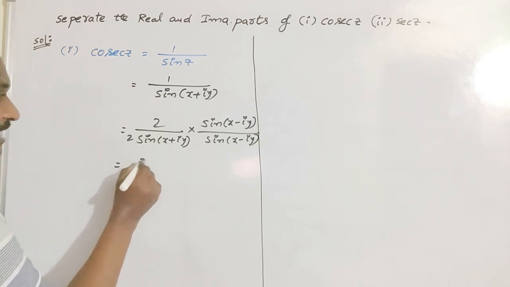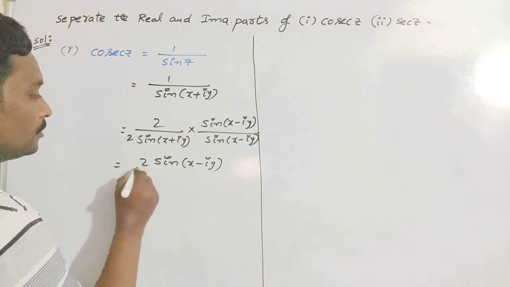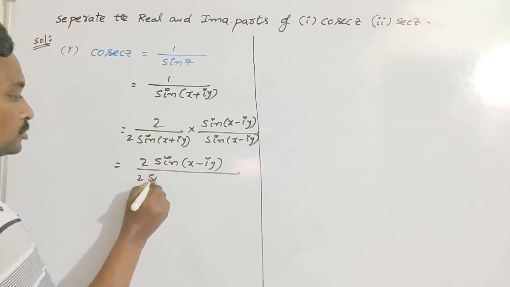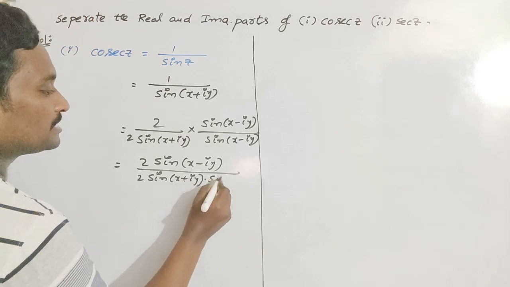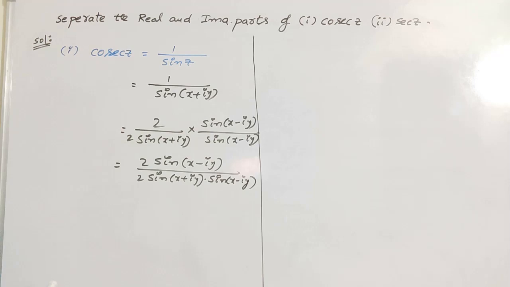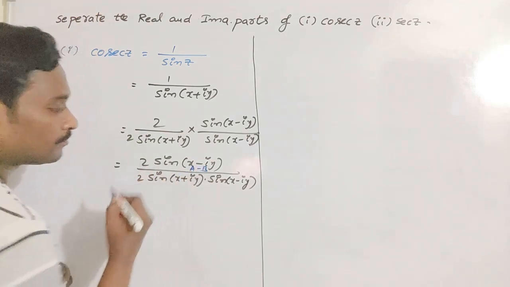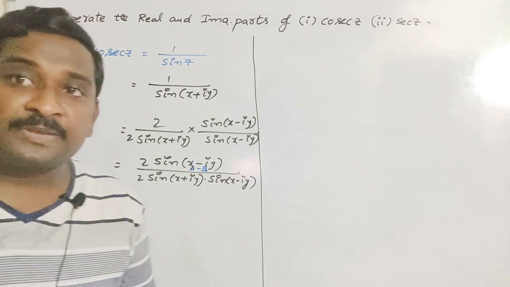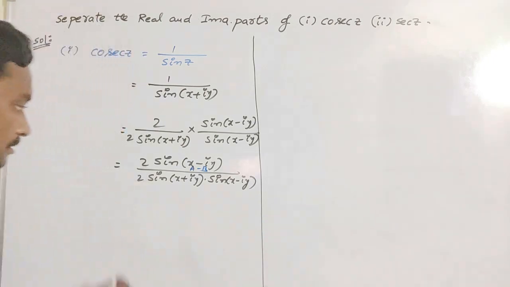So you will get 2 sin of x minus iy whole by 2 sin of x plus iy into sin of x minus iy. We are observing that numerator is in the form of sin of a minus b. What is sin of a minus b? Sin a cos b minus cos a sin b.